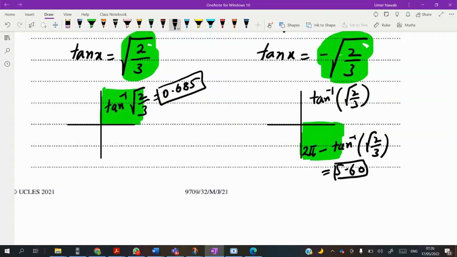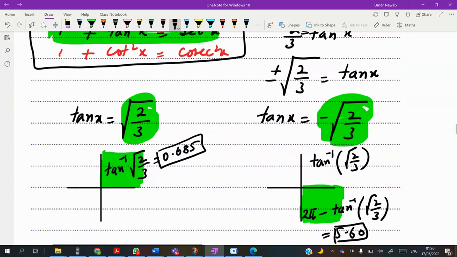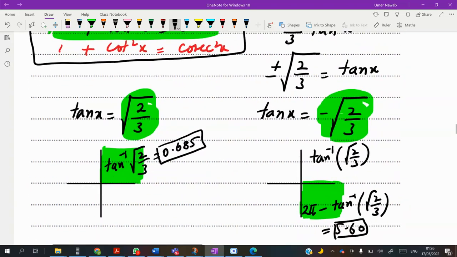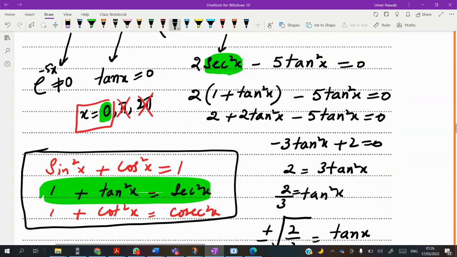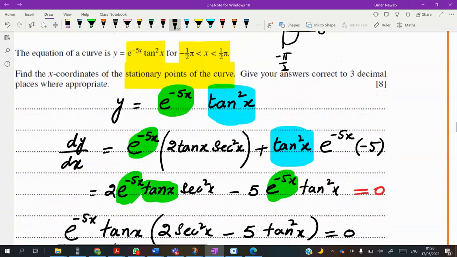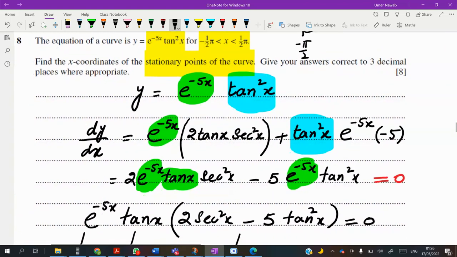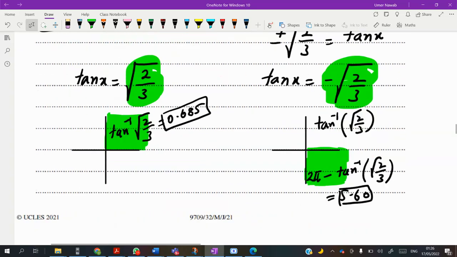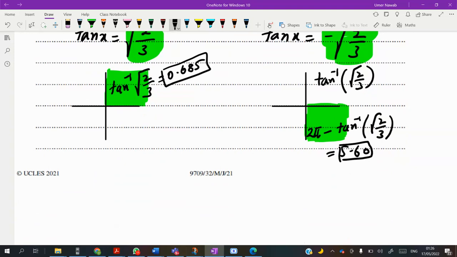So these are the two answers I got. Since the ranges are pretty simple with us, I don't think we need to add and subtract 360. Find the x coordinates of the stationary points. Now he didn't say point, just points. So I found the x coordinates. So x can be 0.